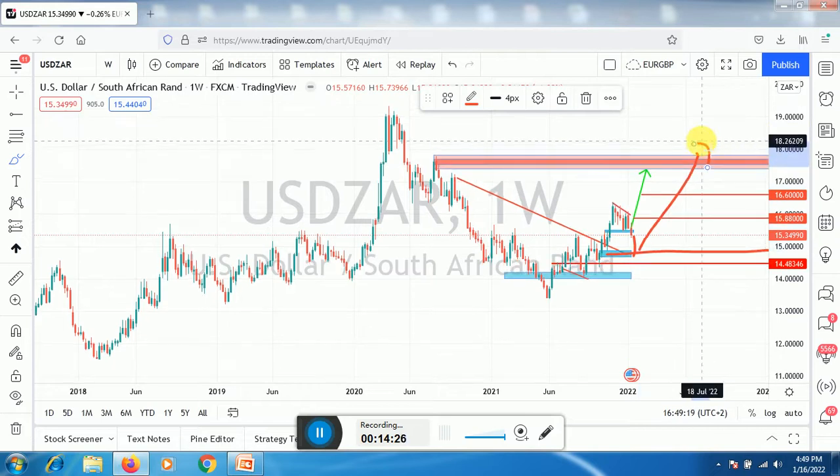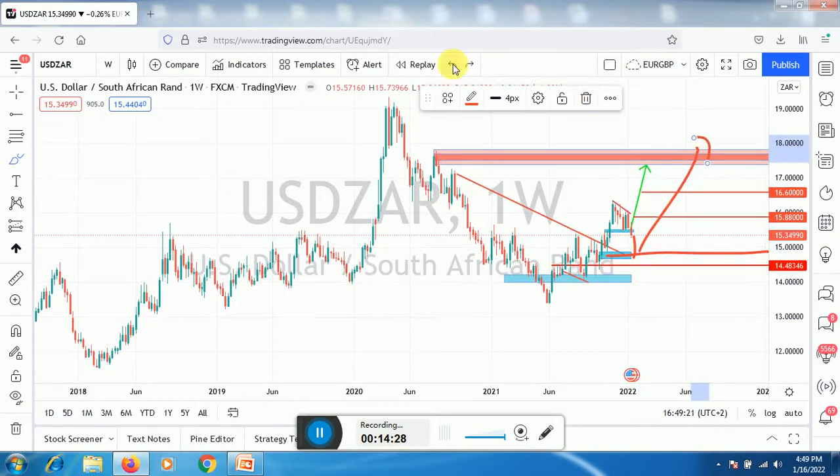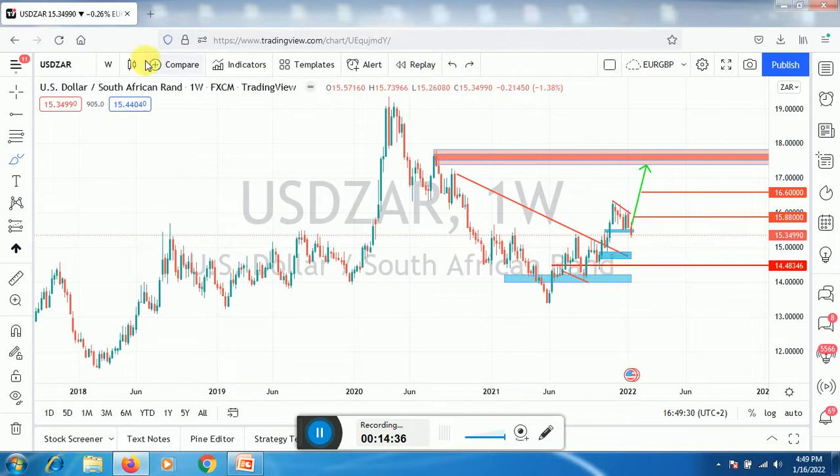So I think it might be a retest of the breakout of the pattern. So just be cautious when you have a position there on USDZAR.